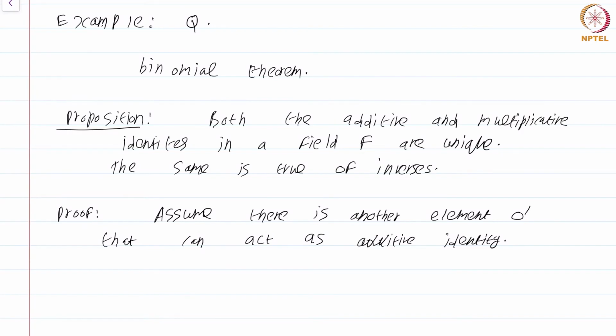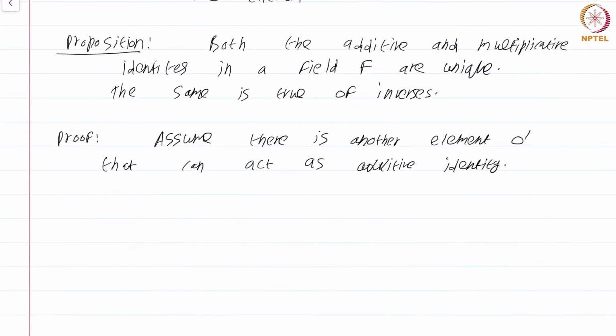That means we will take another element 0 prime and show that it's actually 0. That's one way to show that a particular element with certain properties is unique. So we already know that the characteristic property of additive identity is that 0 prime will be 0 prime plus 0. This follows from the property that 0 is an additive identity. But 0 prime is also an additive identity. So 0 plus 0 prime must be 0. The net upshot is the fact that 0 prime is equal to 0.